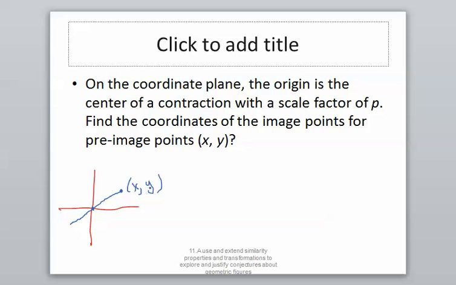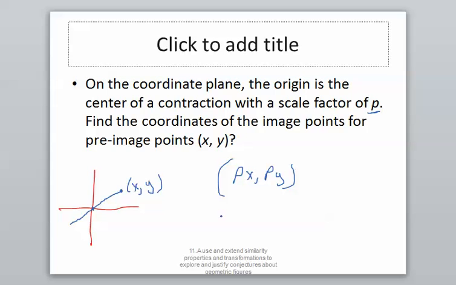Now, we've got a scale factor of p. Okay? So essentially what we're going to be doing is we're going to be going this way with it. So all you've got to do is take px and py, and that would tell you where the new point is located.